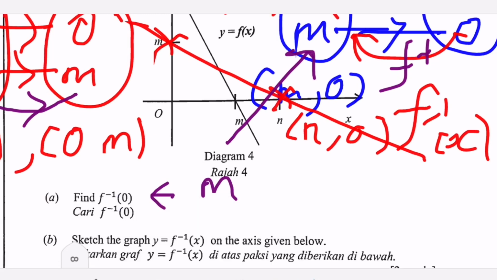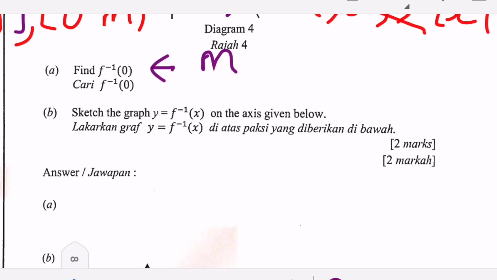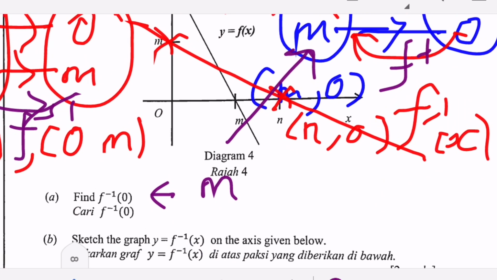Now we need to sketch the inverse function. We already have 2 points for that function, which are (0, m) and (n, 0). So you just plot the 2 points and sketch a straight line. Then you'll get the inverse function. That is how you find the inverse function for the function given. The red line given represents the inverse function.